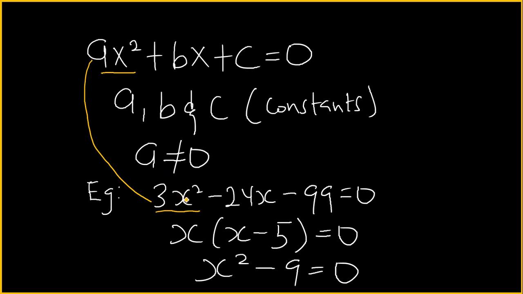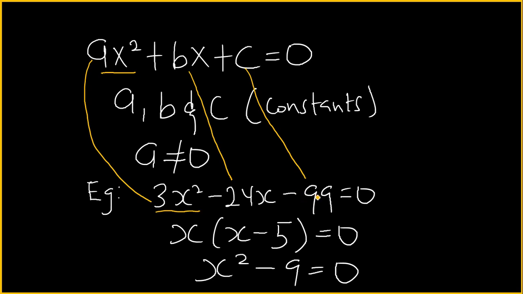Now let's move on to the second term. The second term of the quadratic equation, which is bx, is synonymous to negative 24x. So our b is negative 24. And the constant term c is synonymous to the number negative 99.